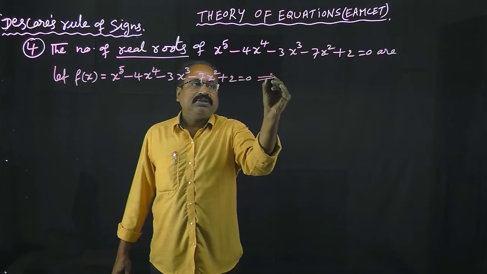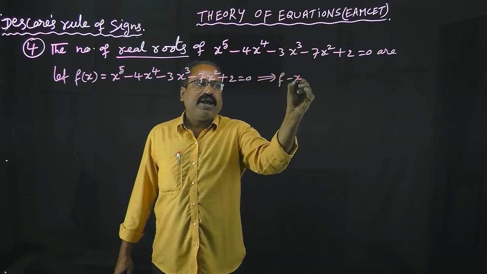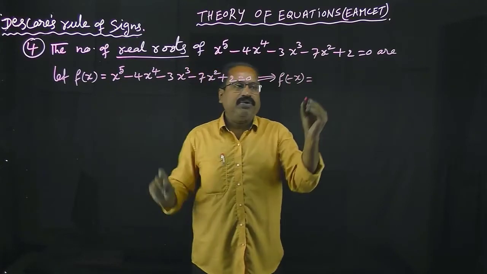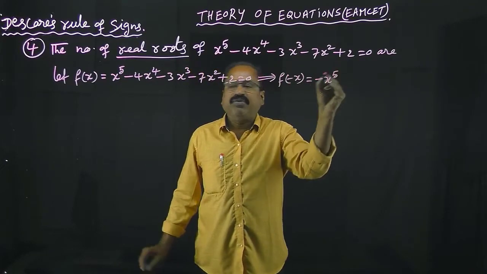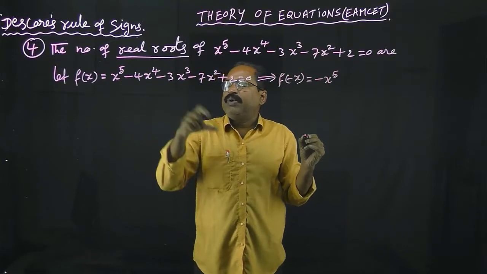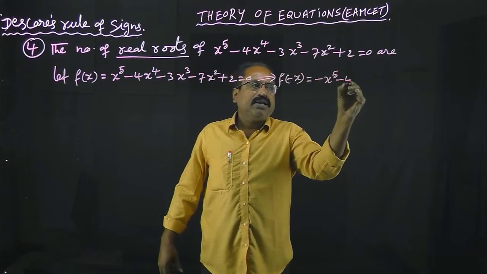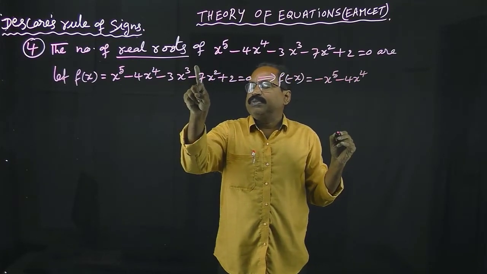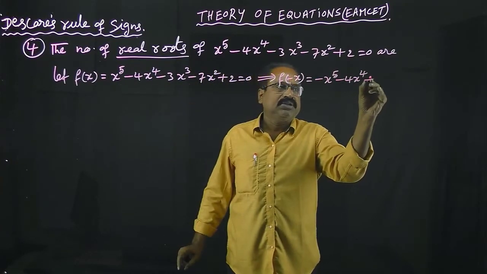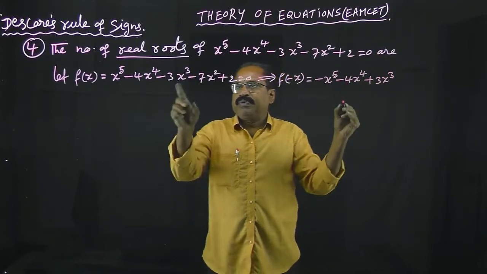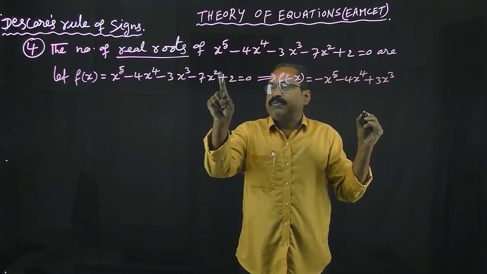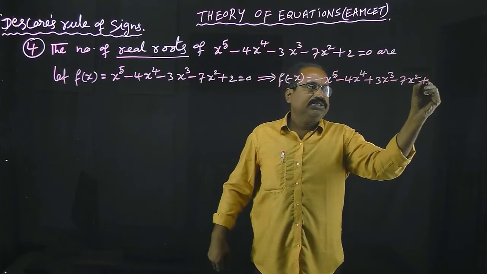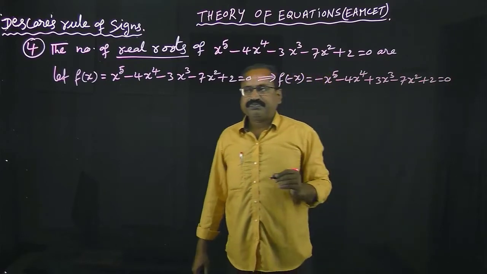So this implies f(-x) = (-x)^5 - 4(-x)^4 - 3(-x)^3 - 7(-x)^2 + 2 = 0.